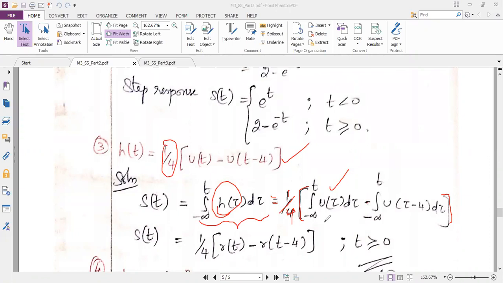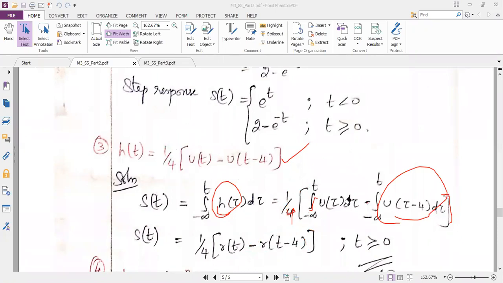The main point here is that integration of a unit step signal is a ramp signal. That's it, we are not doing much in this problem. Minus the integration of u of tau minus 4; integration of a unit step signal is again a ramp signal, r of t minus 4. So in a single step you are getting the answer.